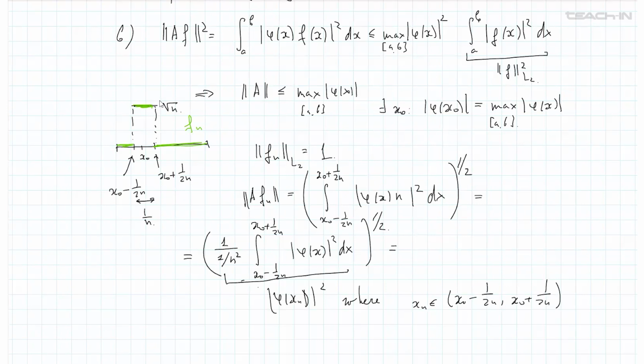A question: why is it n times phi of x squared? It is the value of the function phi at some middle point x_n lying in the interval.